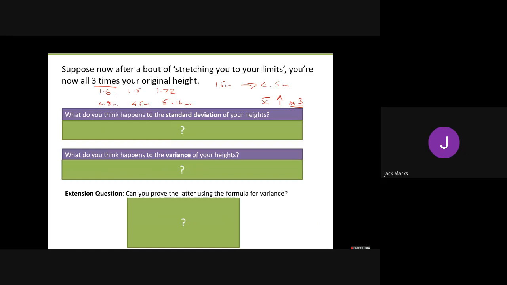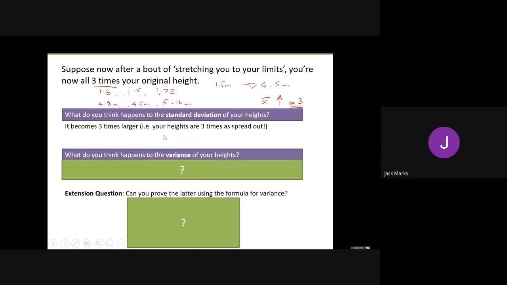So compare. What's happened now to how spread out the data is? Can you guess? It's become 3 times more spread out. Each difference, the magnitude of these differences, got multiplied by 3. This is the standard deviation.